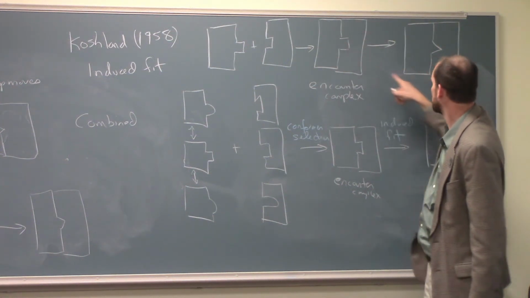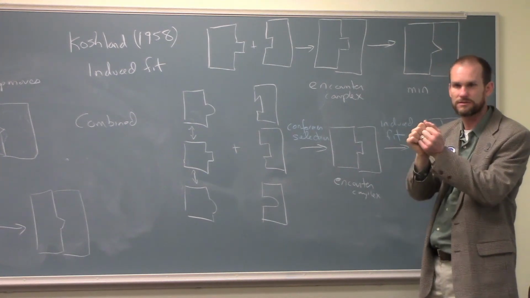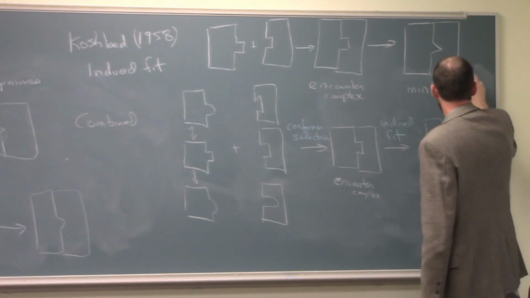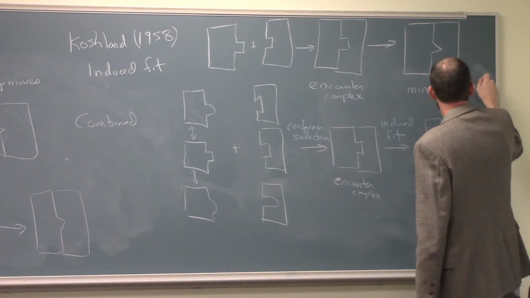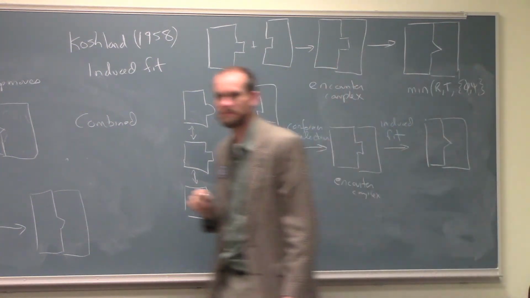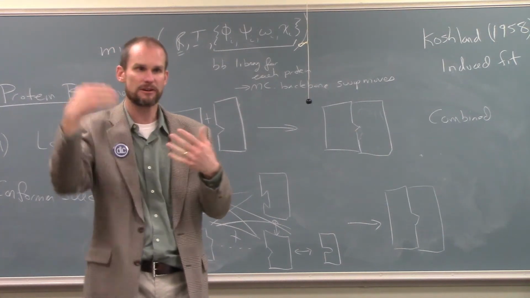So what we actually do is take these encounter complexes, and in the minimize step, usually we're minimizing over R and T. We also minimize over the phi and psi angles. So in the minimize step, we let the backbone move according to the gradient in energy and just go downhill.